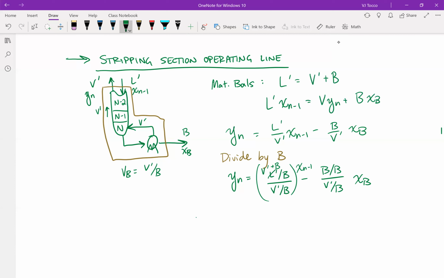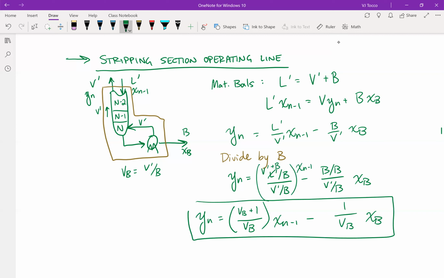Simplifying this gets me the equation for my operating line of the stripping section. yn is equal to V prime over B, which is VB, so VB plus B over B, which is 1, over VB, times xn minus 1, minus 1 over VB times xB. This is called, once again, the stripping section operating line.